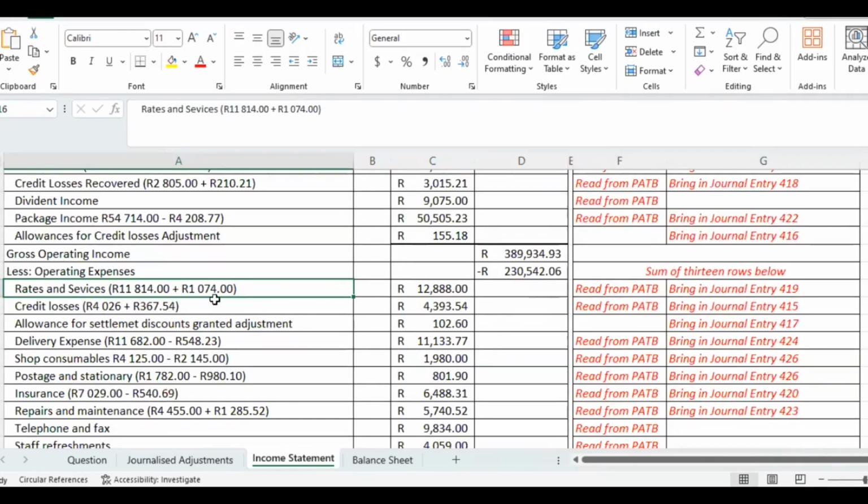Then we have the credit losses. Now, the 4026, once again, that was read from the pre-adjusted trial balance, but the 367, you will remember we received that check from the guy. I think we recovered 60% of what he owed us, but the other 40% we had to write off as irrecoverable, and that was journal entry 415.